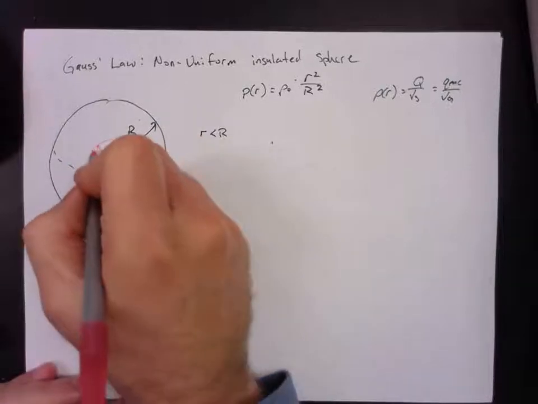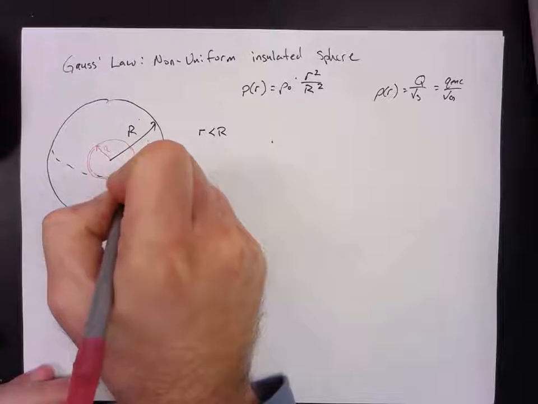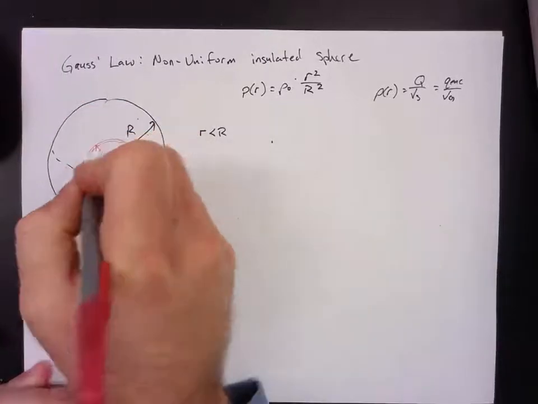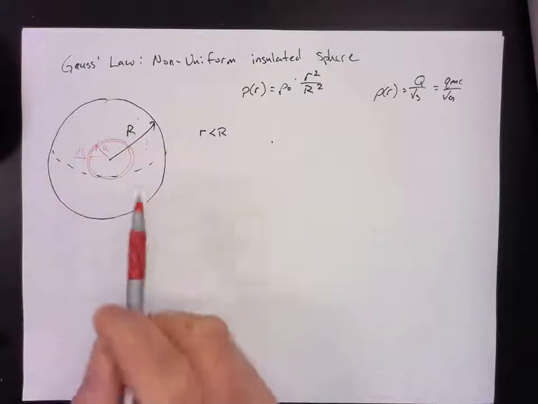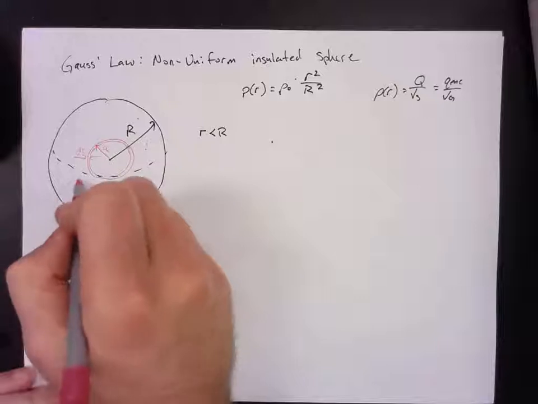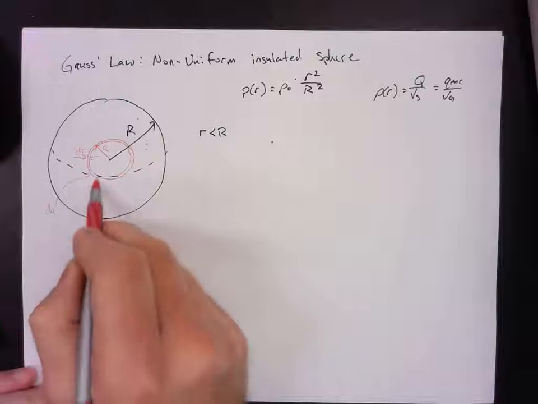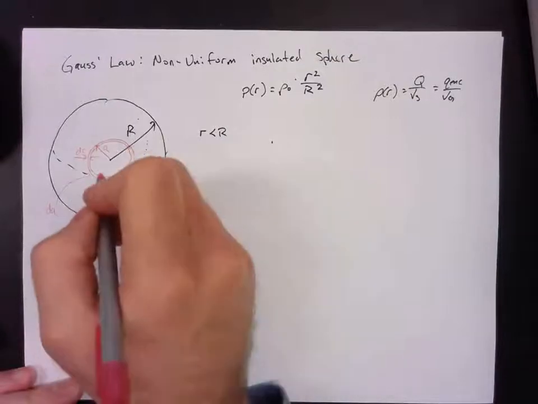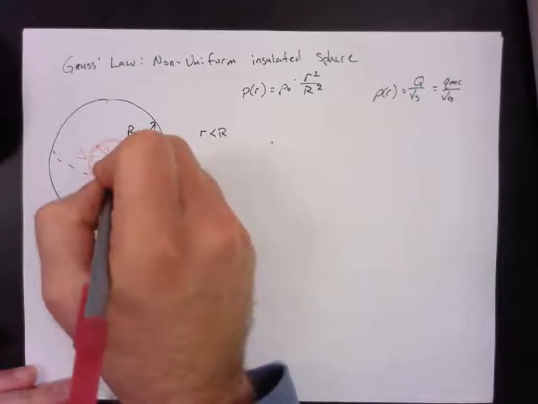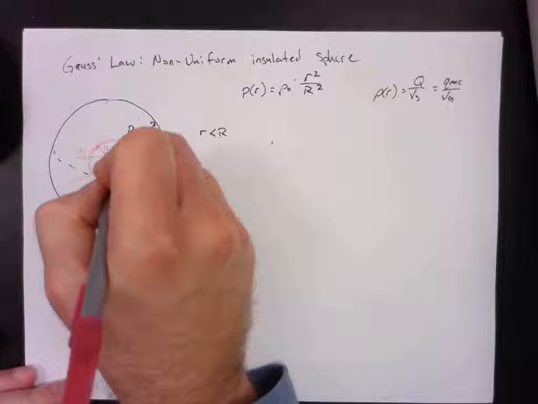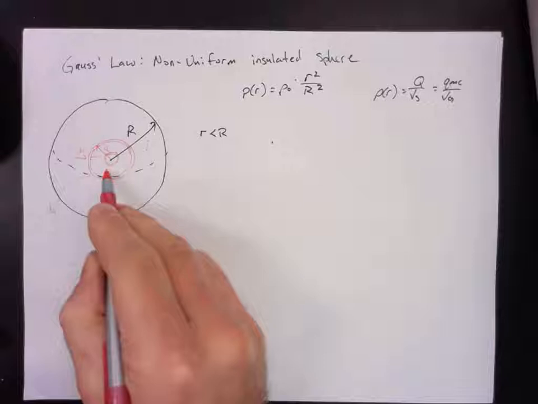Since if we took a small hollow shell that had a very small thickness dr, and we figure out the small amount of charge contained within there, well, the charge density within that little shell would be different than the charge density of a smaller shell, which would also have a small amount of charge on it.